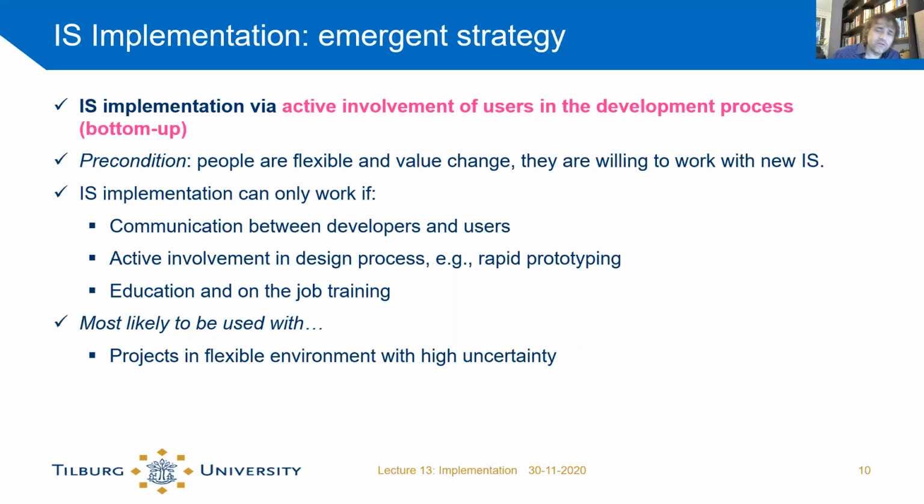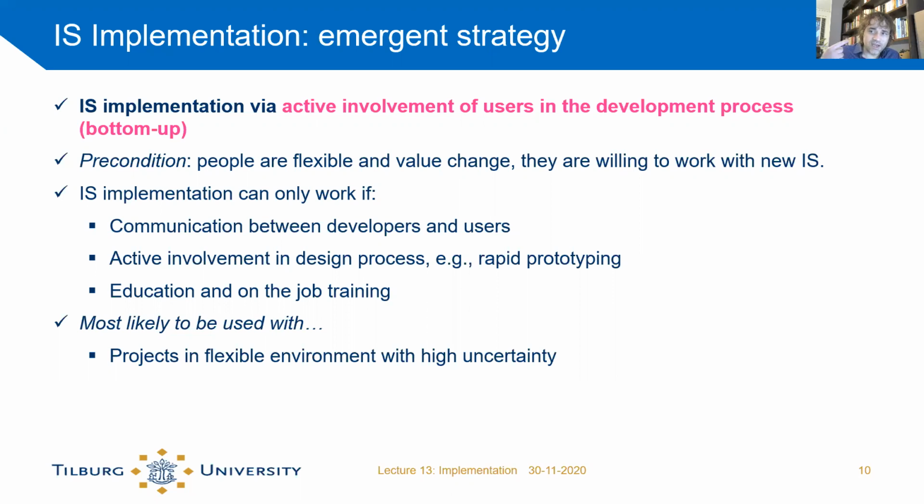Good question. Yeah, it's called emergent partly because the way of implementation, so how you go about the project, changes during the implementation. So you have an idea for a new customer relationship management system, you involve the users, you implement the first version of the system, you get feedback, then you need to adapt the system, maybe adapt the implementation.